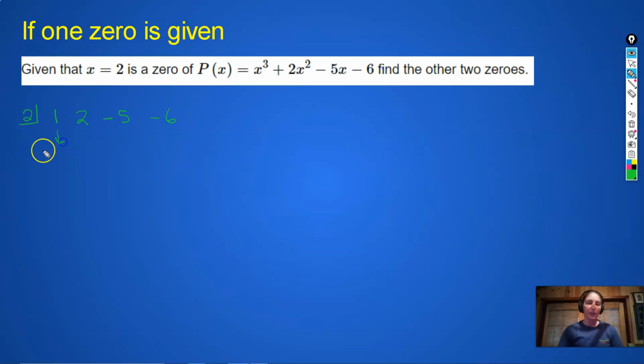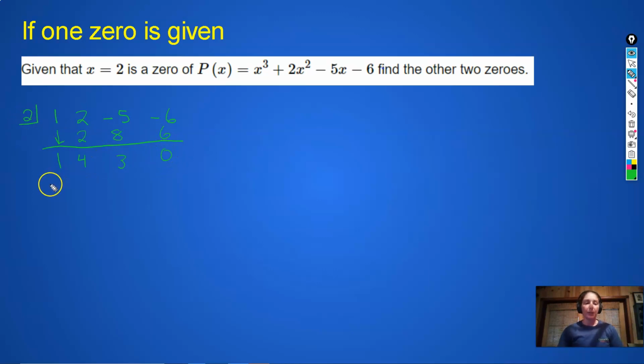Now we start our synthetic division process. First number drops down. 2 times 1 is 2. Add. 2 times 4 is 8. Add. 2 times 3 is 6. Add. We should get a 0 because we know that 2 is a factor. We know that 2 is a zero, so we should get a remainder of 0 here.